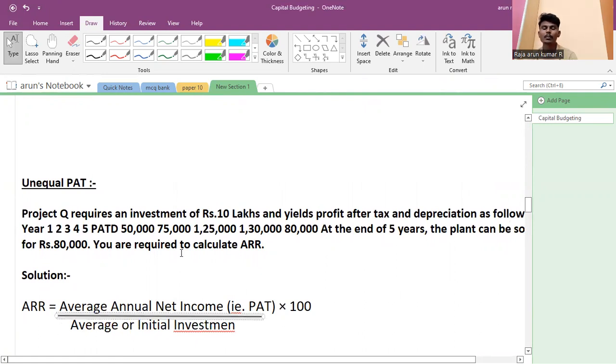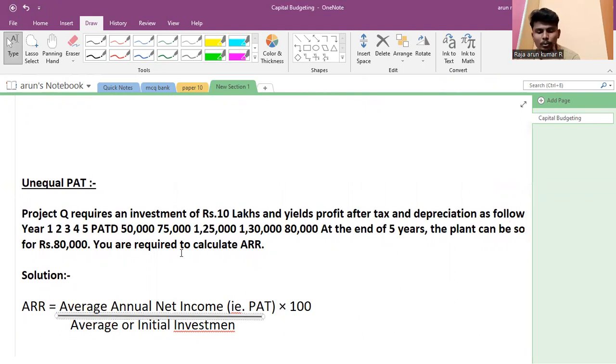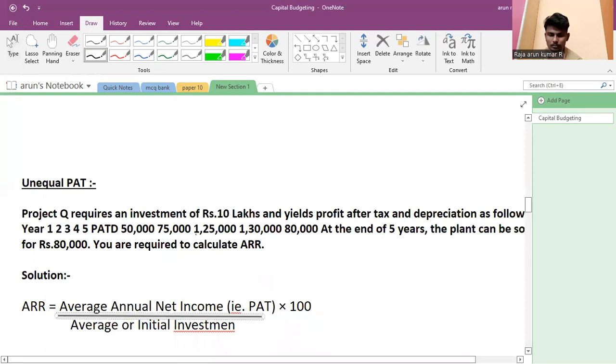In the second sum, what they given? Unequal method. Project Q requires an investment of 10 lakh and yields the profit after tax, PAT, and the depreciation as follows: year 1, 2, 3, 4, 5.